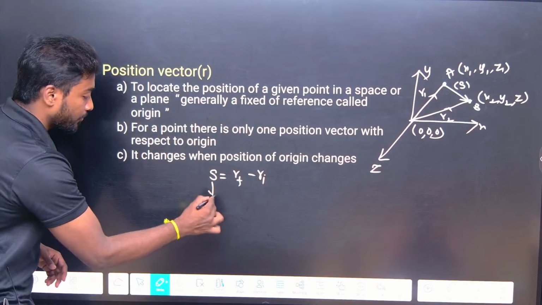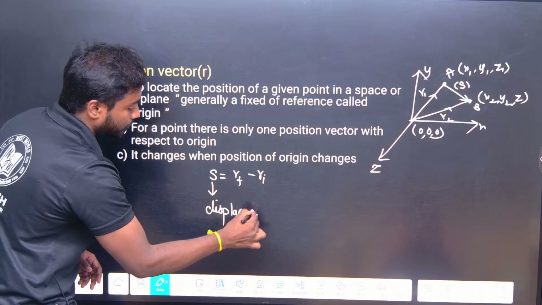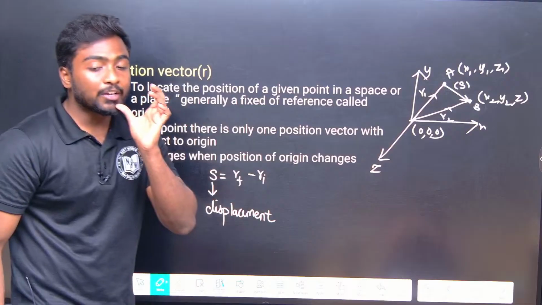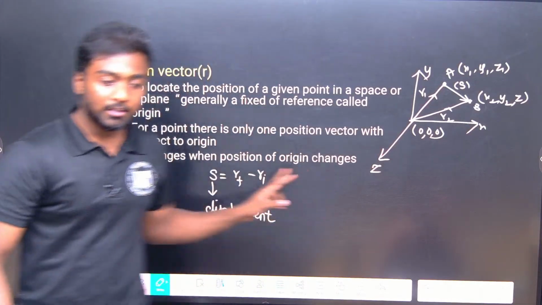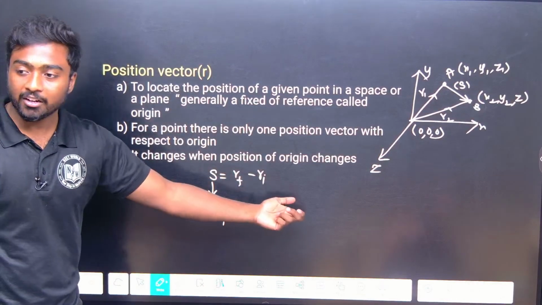So S is displacement, change in position. Suppose I talk about velocity: change in position with respect to time, displacement by time. Displacement is final position minus initial position.